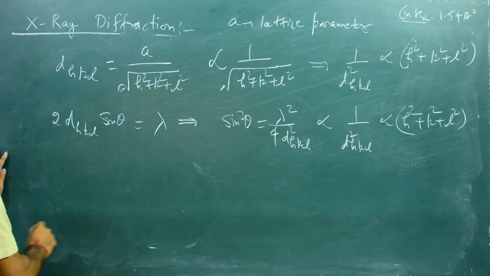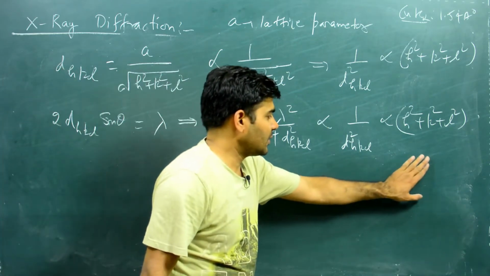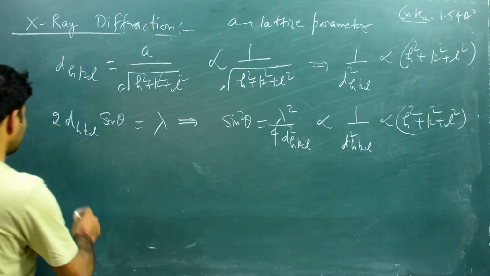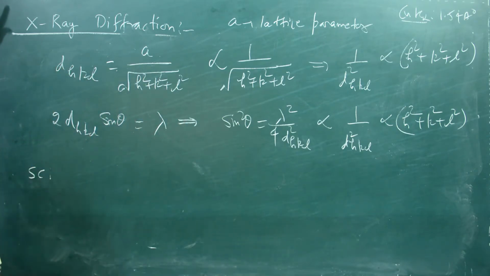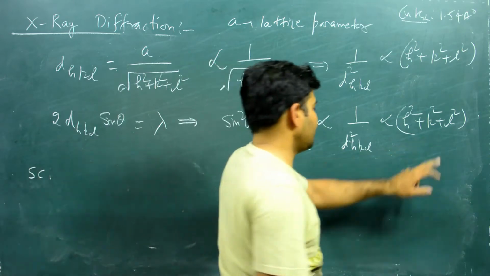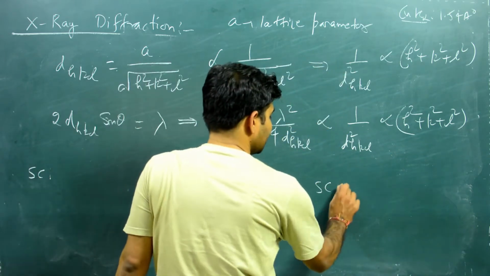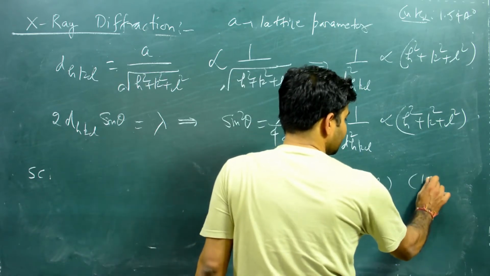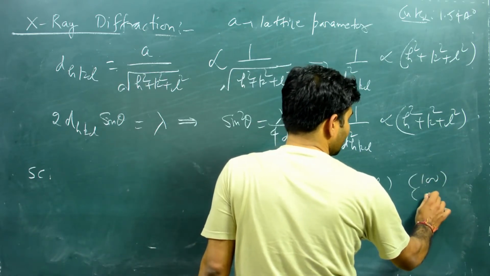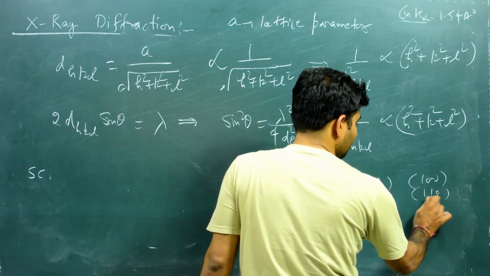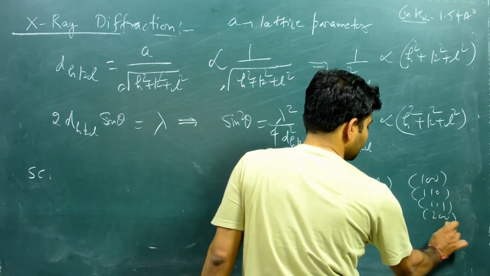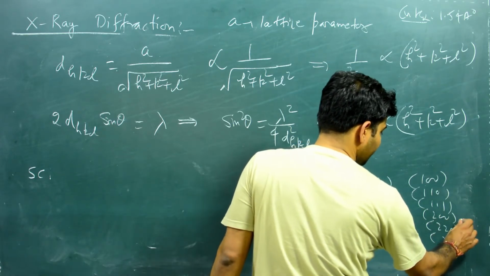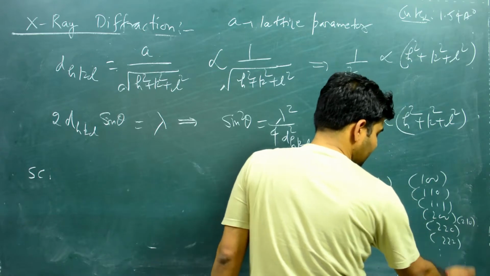Now we have to see what the possible values of this sin squared theta are for a simple cubic, for example. In case of simple cubic, what are the allowed values of hkl? There is no condition on hkl. So 100, 110, 111, 200, 210, 211, 220, 222, all these values are allowed.